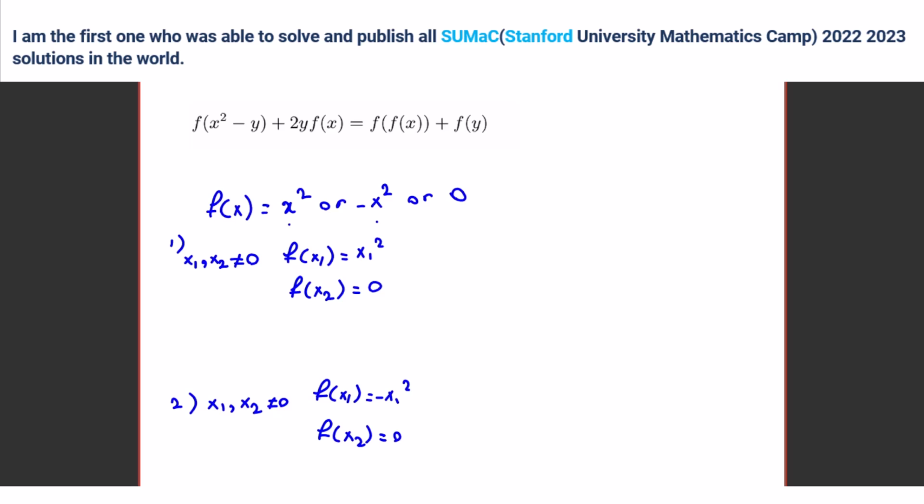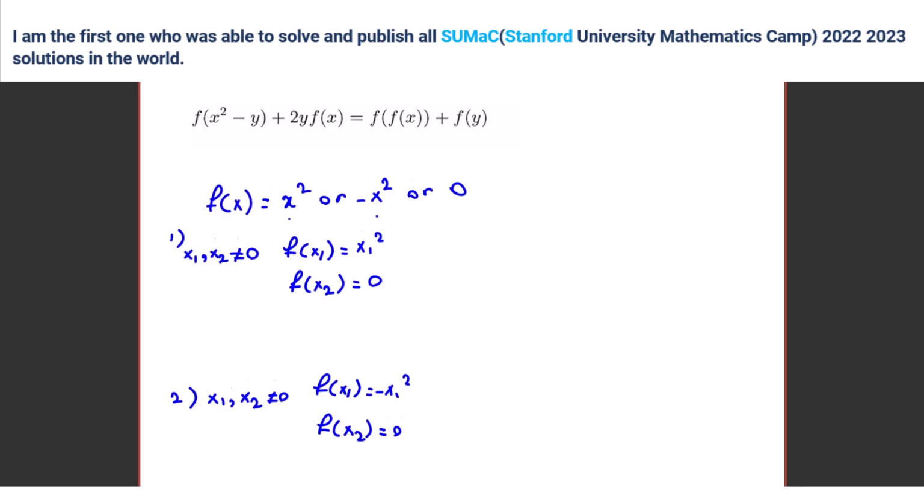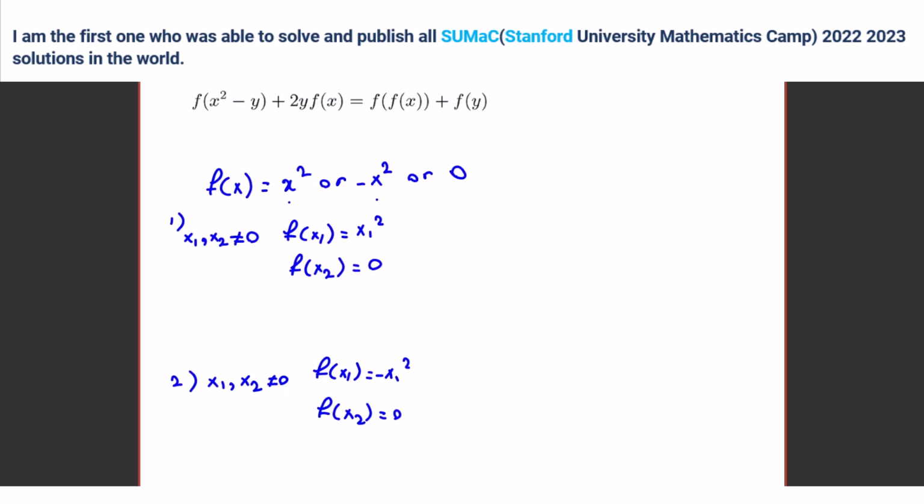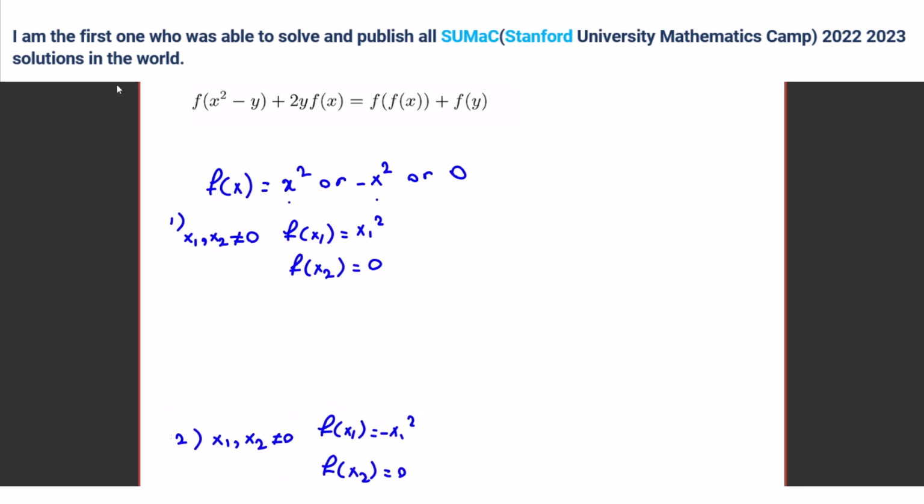Okay, so I got, if I set x equals x1 and y equals x2, then I get f of x1 squared plus 2x2 times x1 squared. Can you say it again? You replace x and y with what? x equals x1, y equals x2.